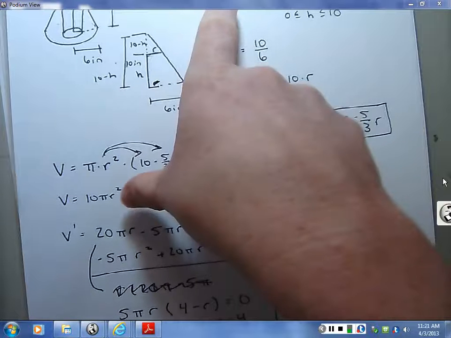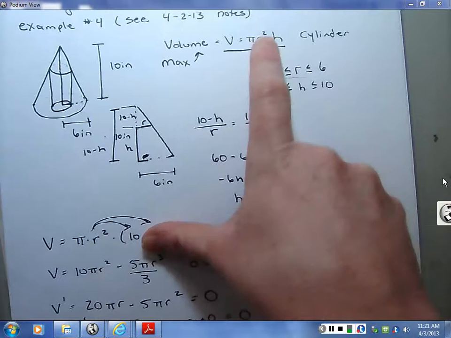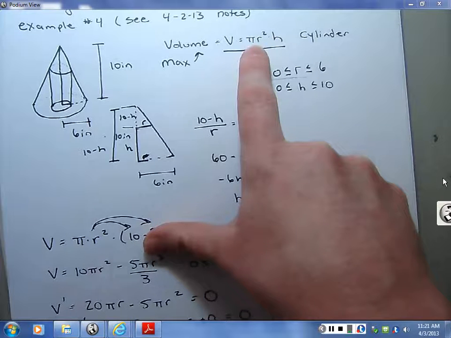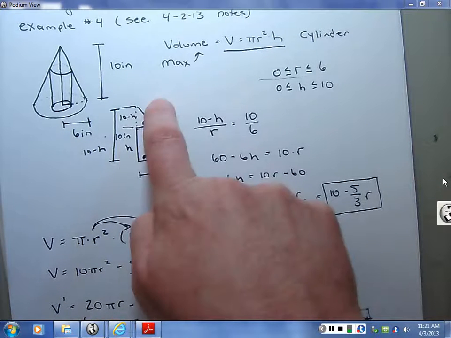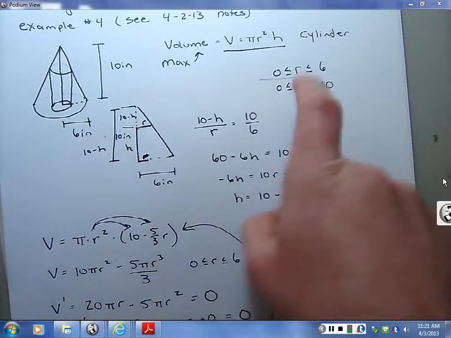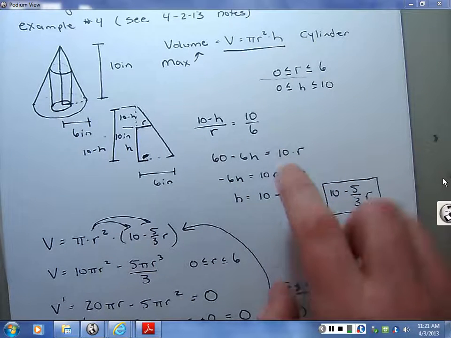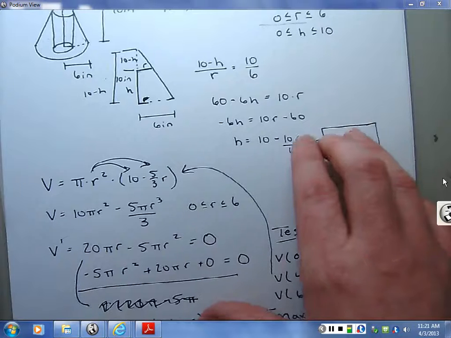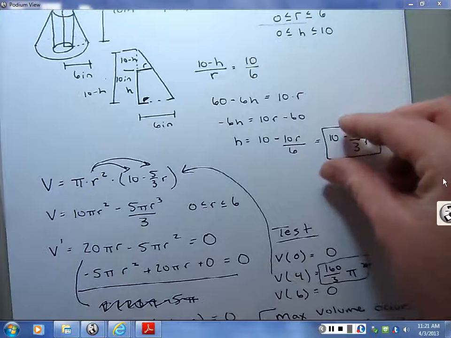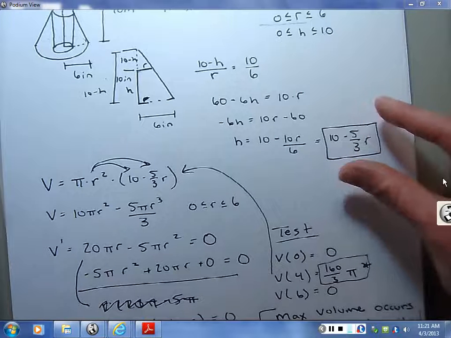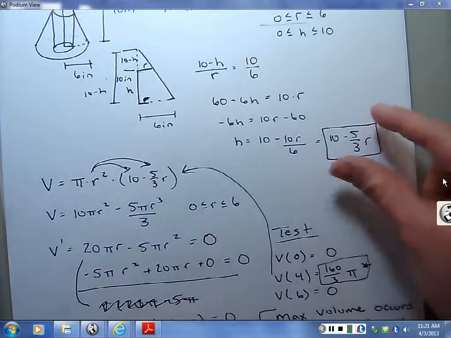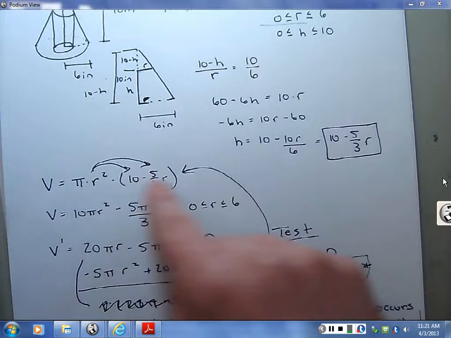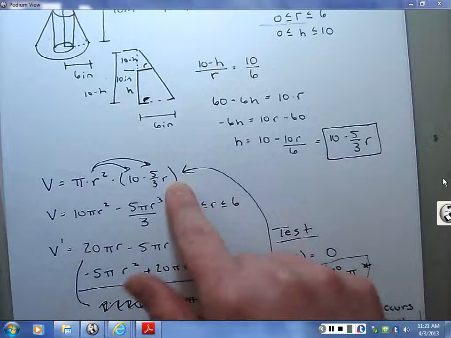Once you know that, you need to get this in terms of only r or only h, so you need to use similar triangles. You actually have to use a triangle here. So set up the relationship between r and h. Then you plug the term for h as a function of r back in for h, and then you have a volume function of r.